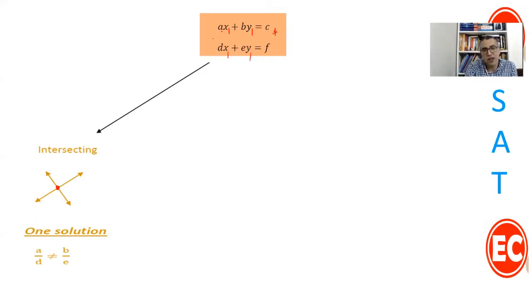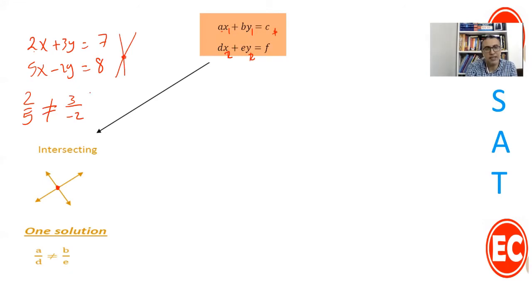So if I divide the coefficient of x up by the coefficient of x down, which is a over d, and it's not equal to the ratio of b over e, they're not equal in ratio. Example: 2x plus 3y equals 7, and 5x minus 2y equals 8. By dividing 2 by 5, I am sure that it's not equal to 3 over negative 2. So these two lines intersect.